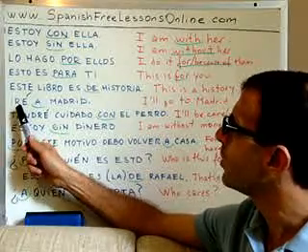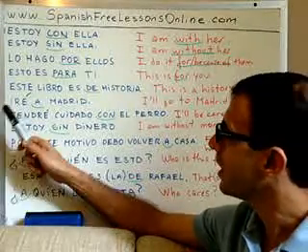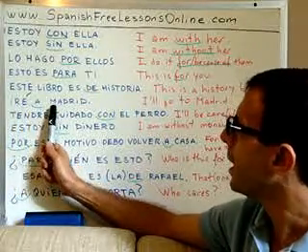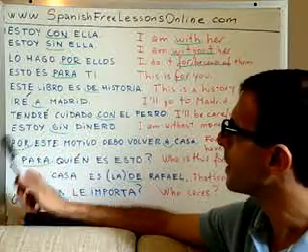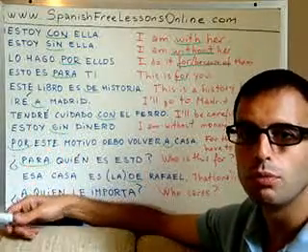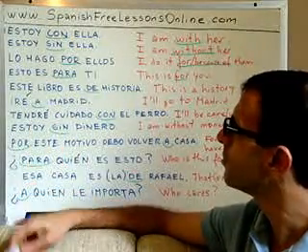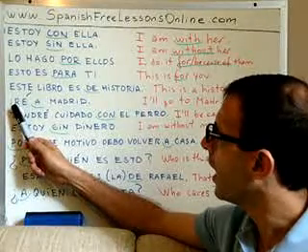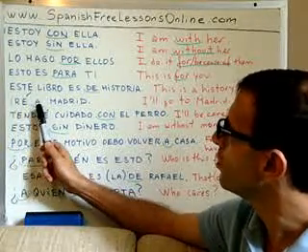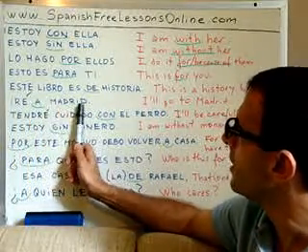Here it says, I will go to Madrid. Iré a Madrid. A means to. I will go to Madrid.